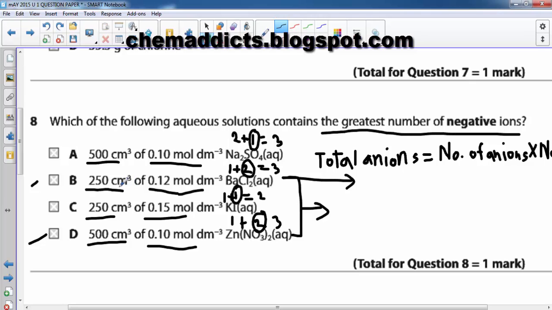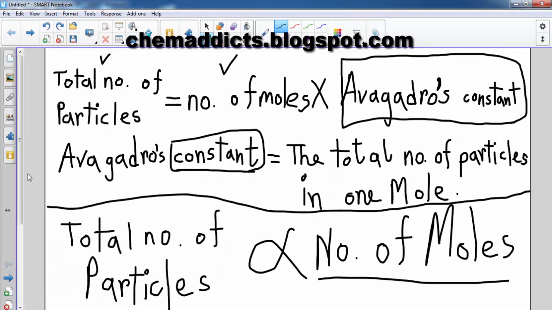So in case of B, let us find the number of moles. If we calculate the number of moles from the equation, let us discuss the equation.